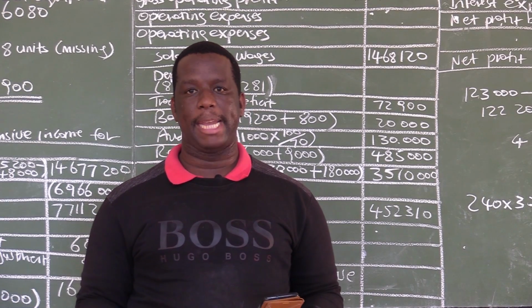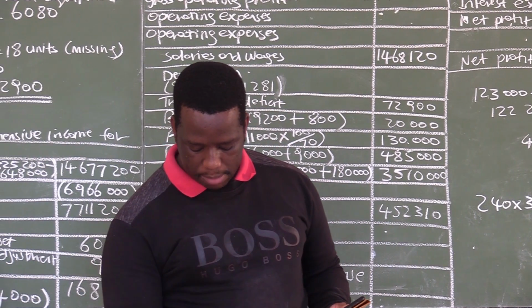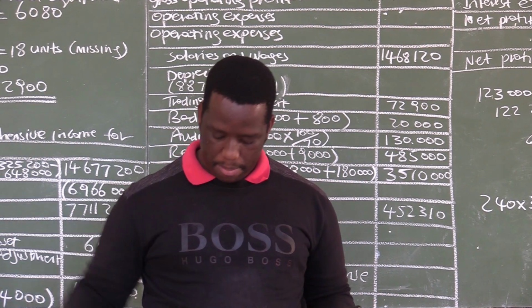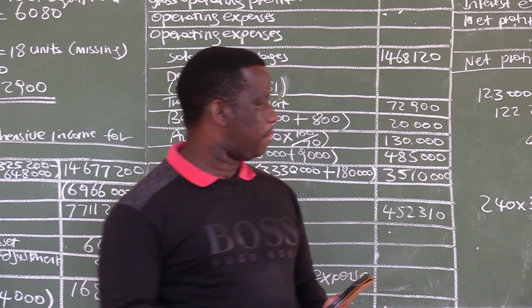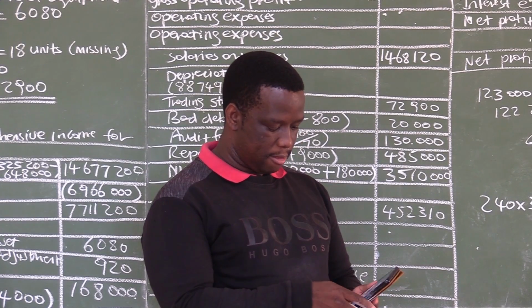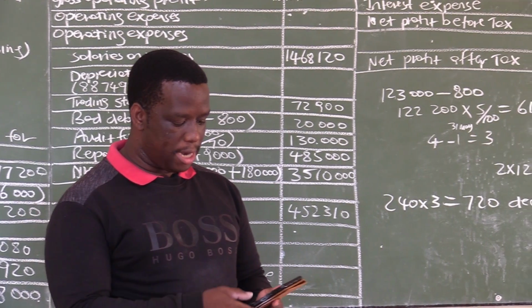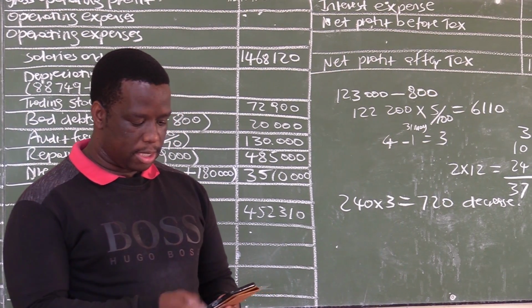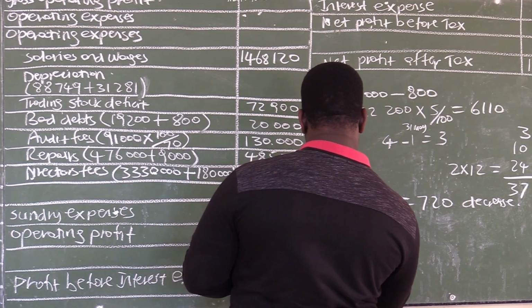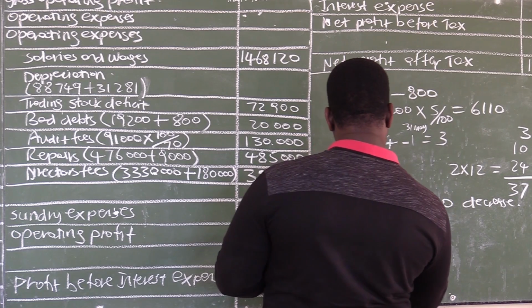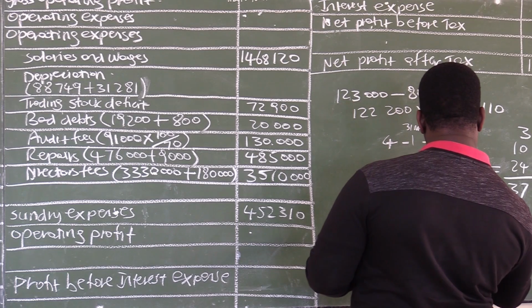25,680, we cannot divide it by 11, because it has not been the same from the beginning until the end. There was this decrease. So for us to be able to divide it by 11, we need to add the decrease back. That's the decrease of 720. 25,680 plus 720 gives us 26,400.